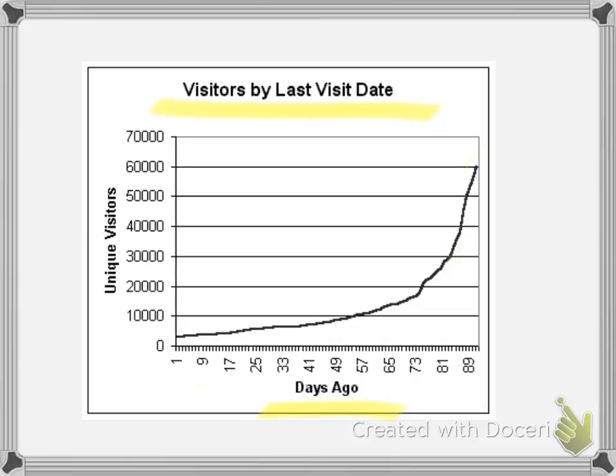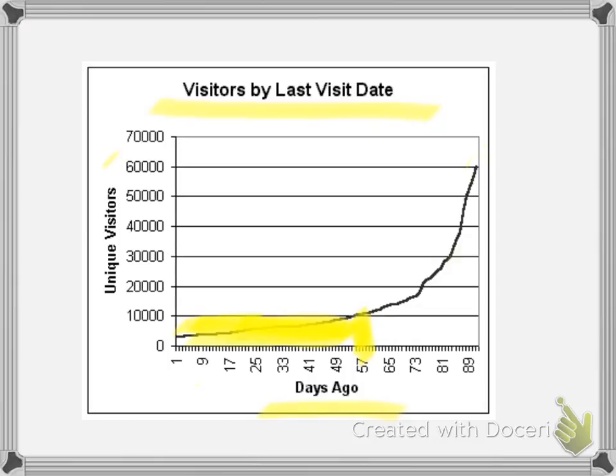And so it starts out here with about 10,000, and this goes up by 10,000s all the way up to 60,000. So if we look here, we can see from days 1 really through 57, they were at about 10,000 visitors, slowly but surely increasing, but at about that amount.